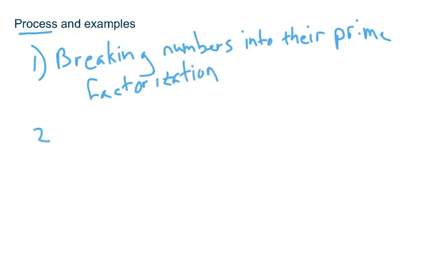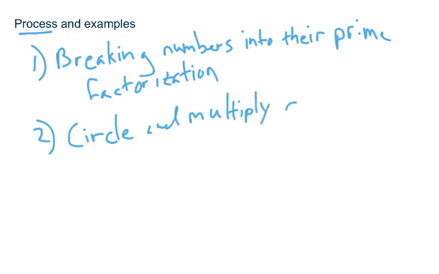And then what we're going to do is circle and multiply all the shared factors.